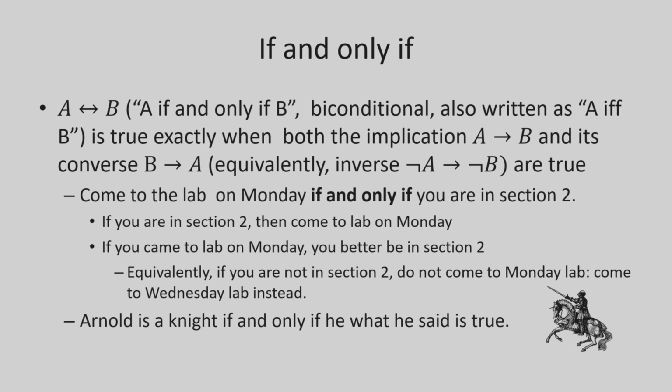In mathematics, sometimes you see people shorten if and only if to iff, with two f's. That's not a typo, that just means that the arrow goes both ways. And if and only if is true whenever both A implies B and its converse B implies A are true.